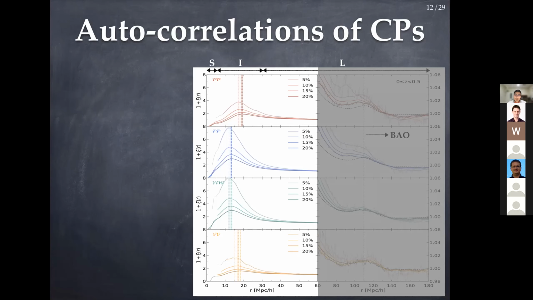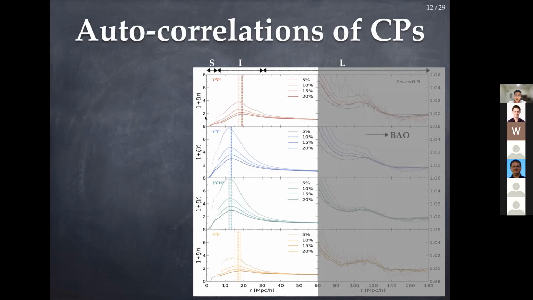So in other words, the correlation function is an excess probability of finding such pairs at that given scale compared to the random point distribution. So in our plots, I'm plotting 1 plus psi, which means 1 plus the correlation function.